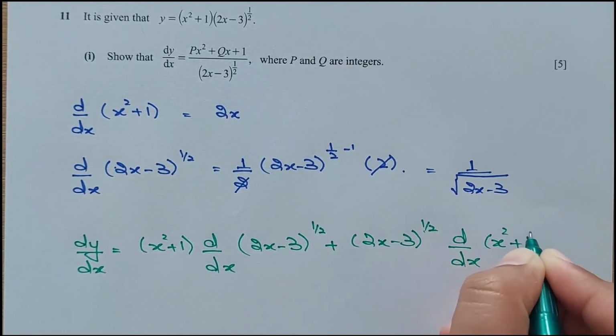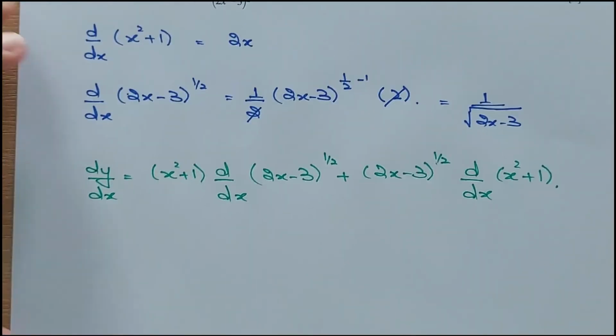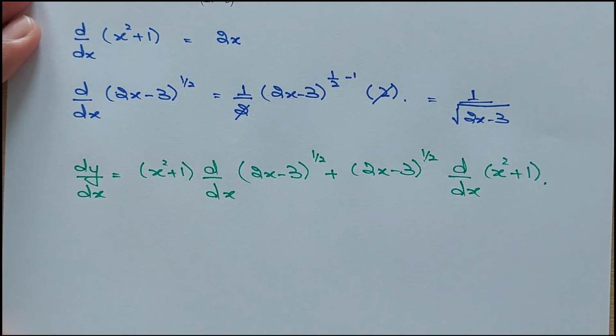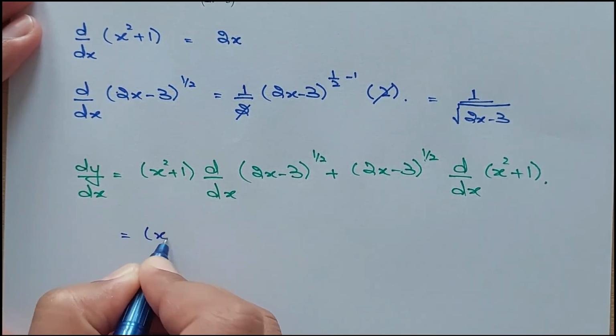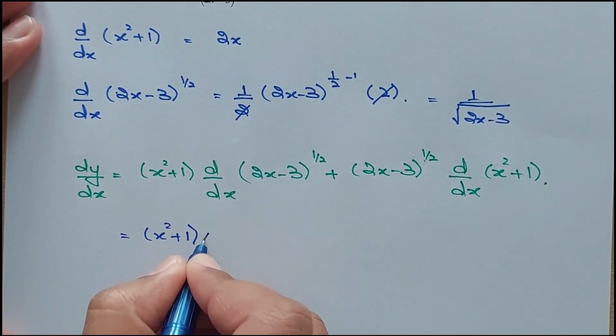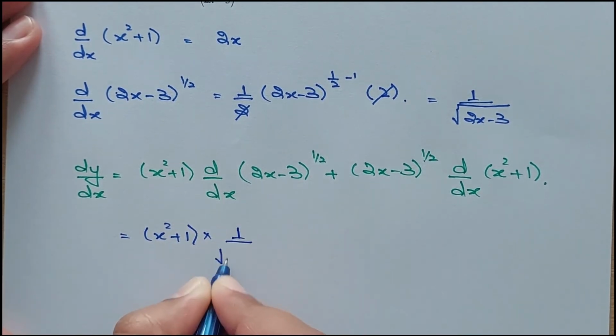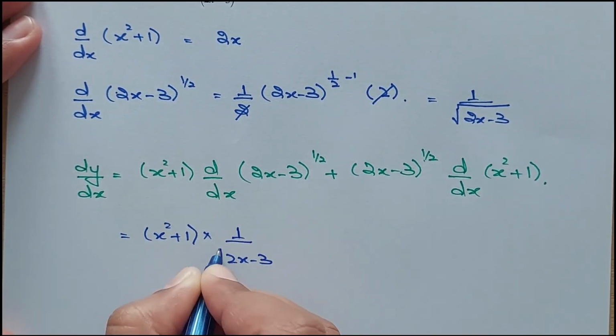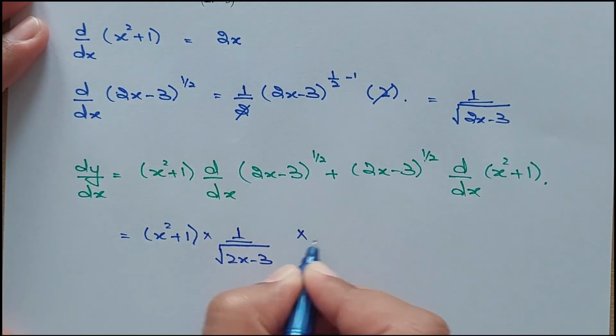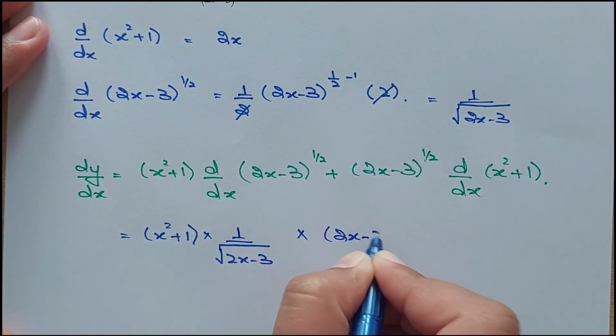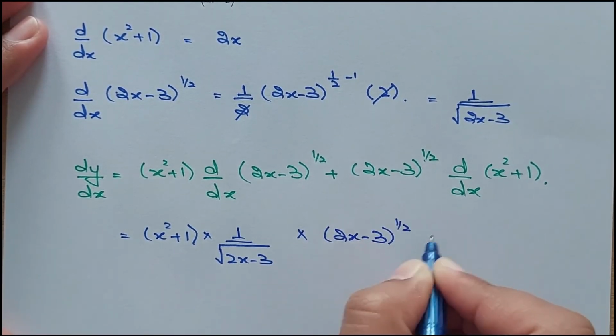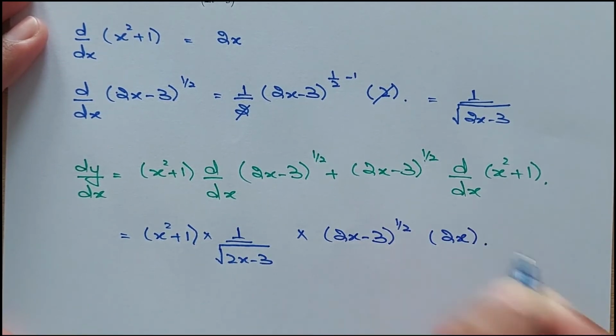Just substituting the derivatives we got here. Okay, now we have x square plus 1 times 1 over square root of 2x minus 3, plus (2x minus 3) power 1 by 2 times its derivative, 2x, right?